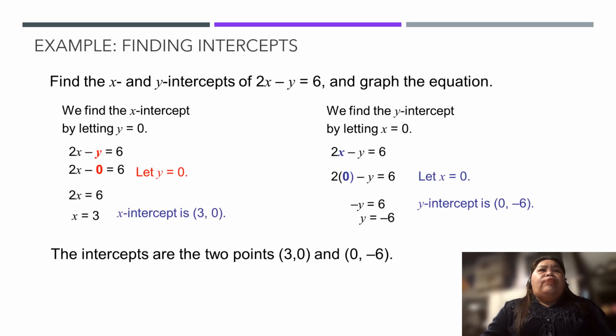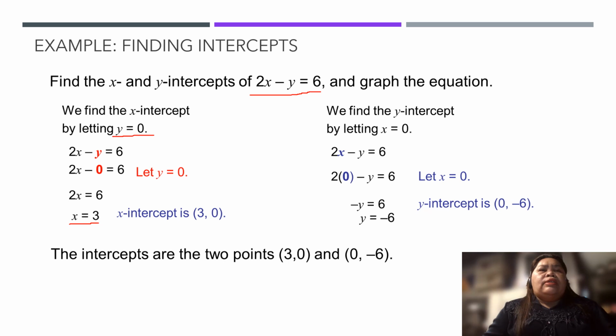Here, find the x and y-intercepts of 2x minus y equals 6, and graph the equation. In finding the x-intercept, we let y equal 0. So 2x minus 0 equals 6, so 2x equals 6, therefore x equals 3.